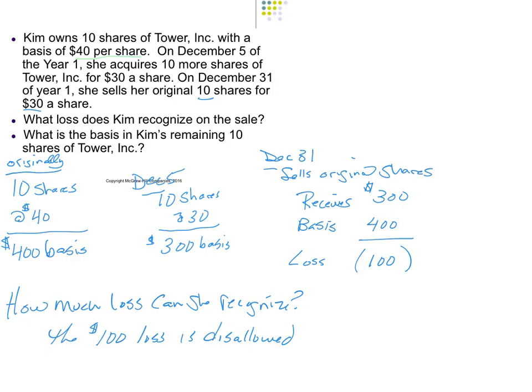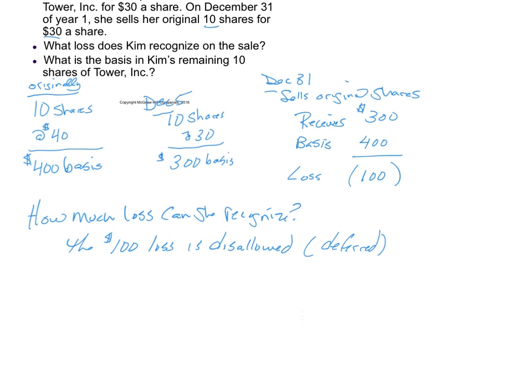The loss is disallowed, but really it's deferred, because what is the basis in her remaining shares? Well, the starting basis in the December 5th shares was $300.